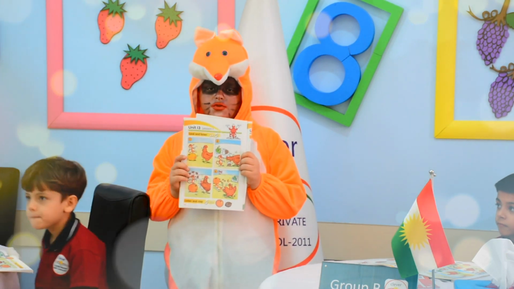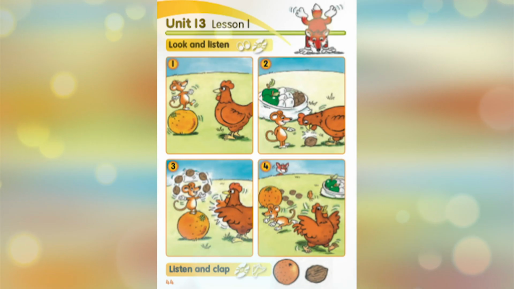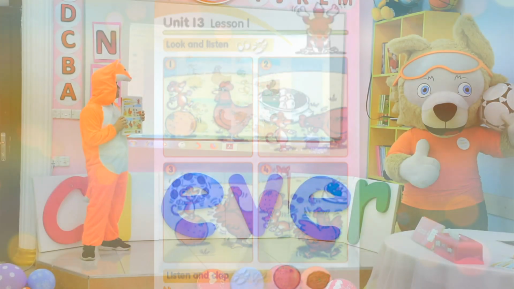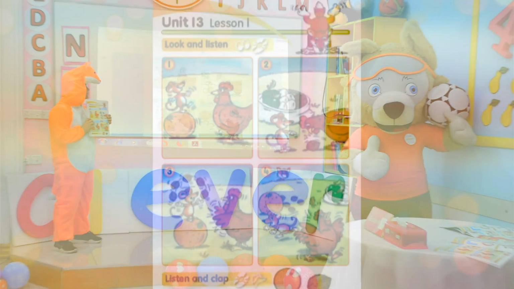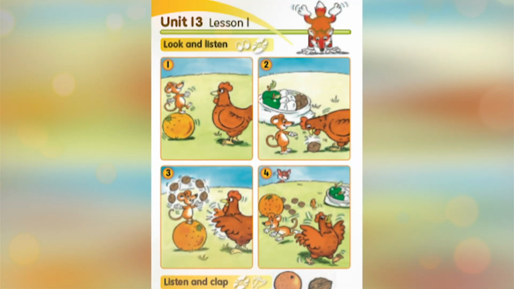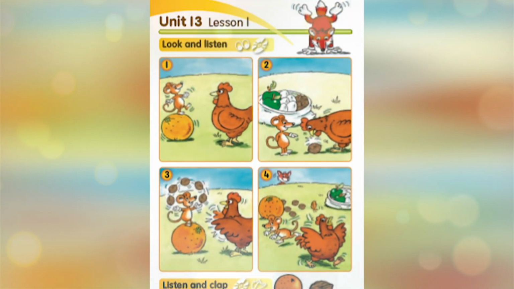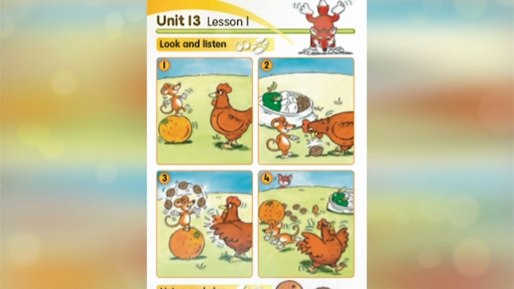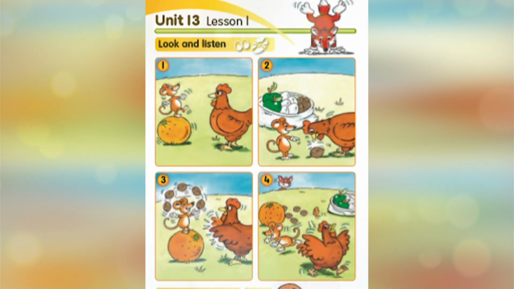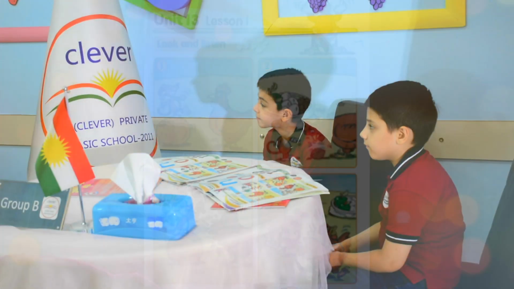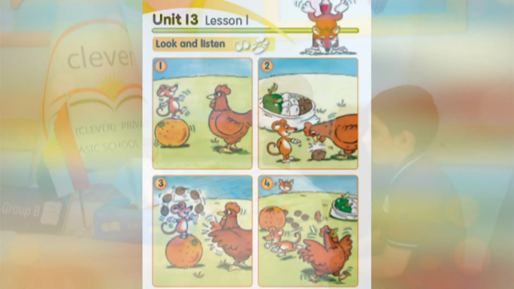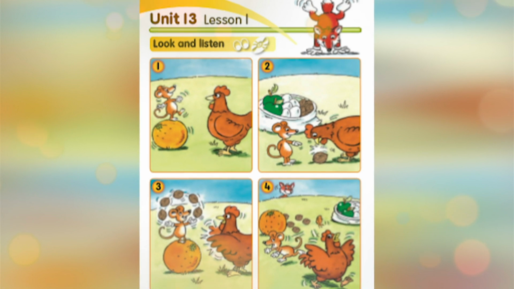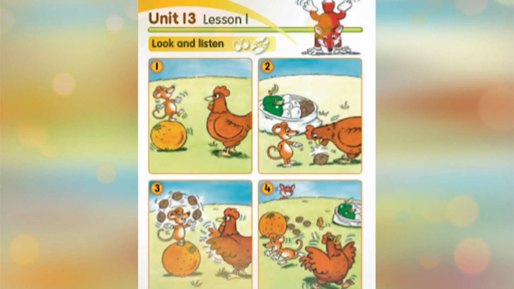Open your book, page 44 and look at the dictation. Student's Book, Unit 13, Lesson 1. Look and listen. A, B, C, D, E, F, G, H, I, Hello, mouse. J, Look. L, M, N, Hello, hen. Q, Look, R, an S, orange. T, U, V, W, X, Y, What's this? Z. It's a nut.